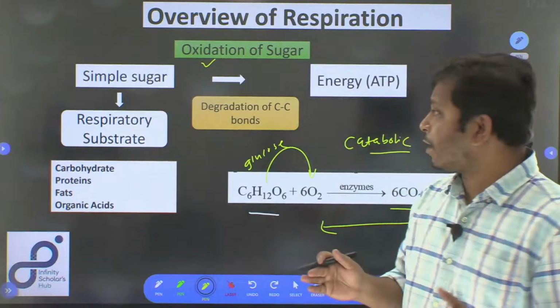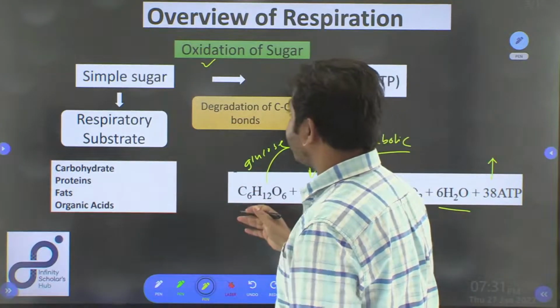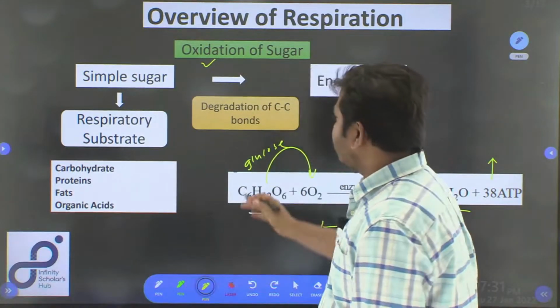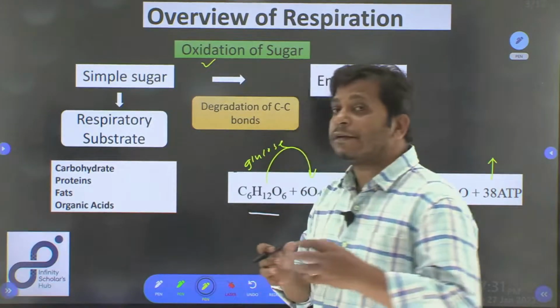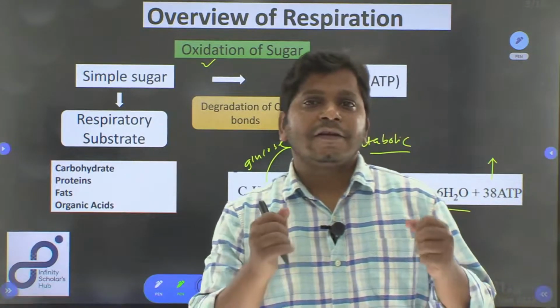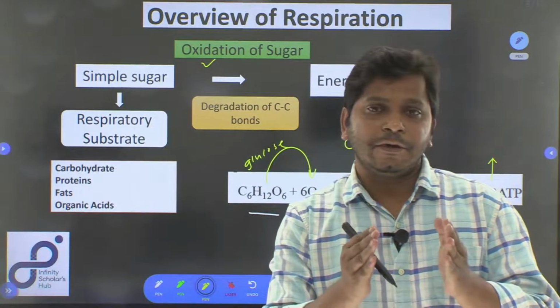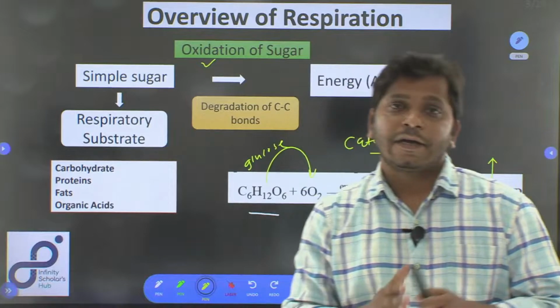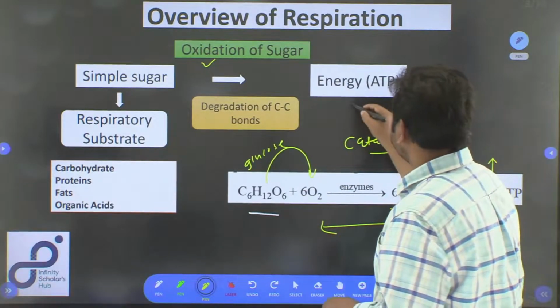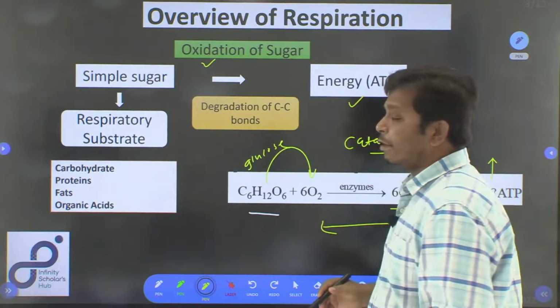There are 6 carbon atoms in glucose, which is why it is called a hexose. So these carbon-carbon bonds are broken down, and when they are broken down, it is the carbon-carbon bonds that release energy.